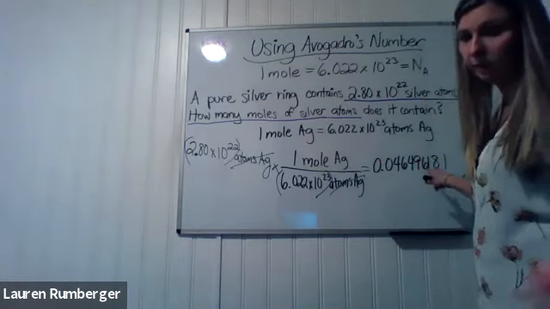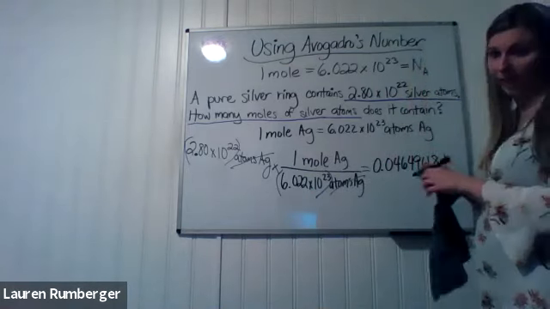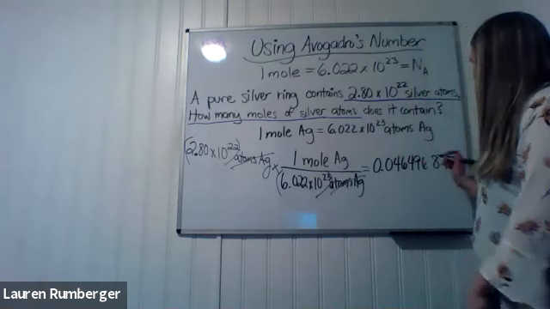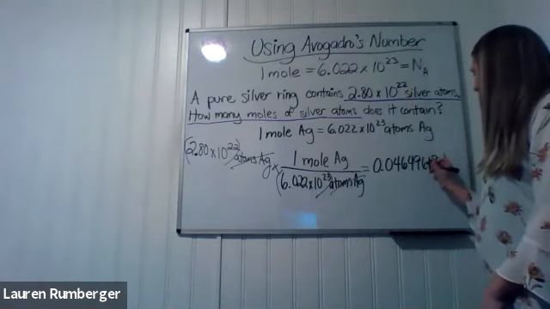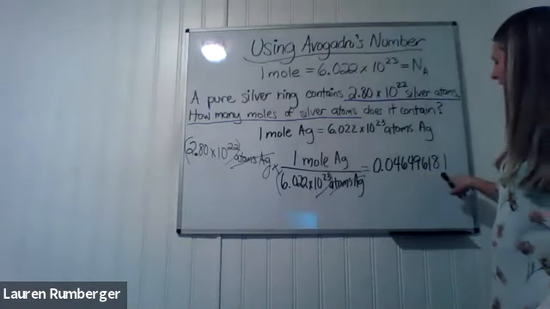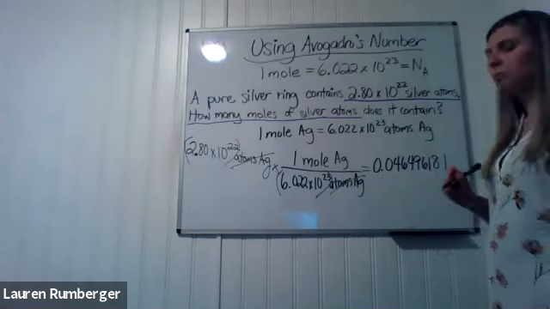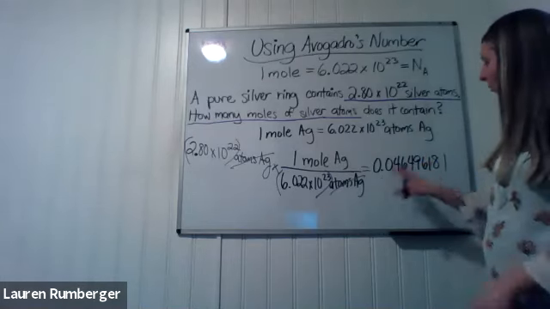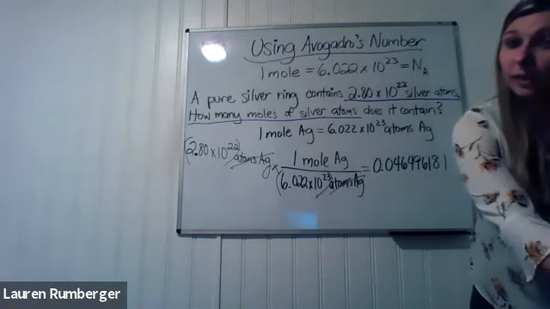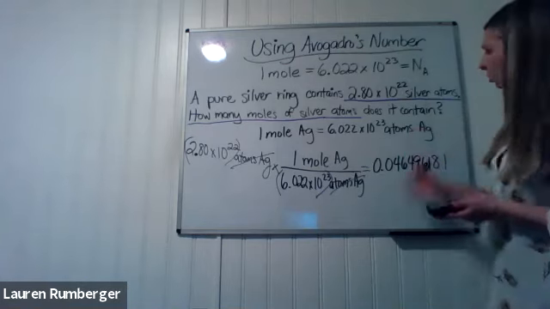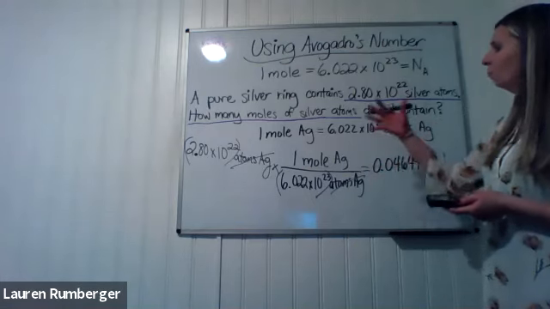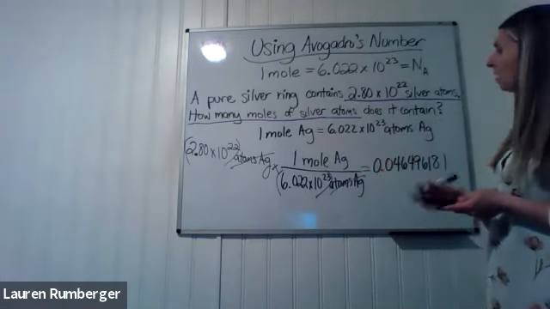If you ever give me an answer like this, you're going to have it be marked wrong because you did not round your final answer. So this can be an intermediate answer, but then once you have that written out, you can then round your answer. You don't always have to write this down. If you just round directly from your calculator, that's fine. I am just showing you the process of rounding in your calculations.